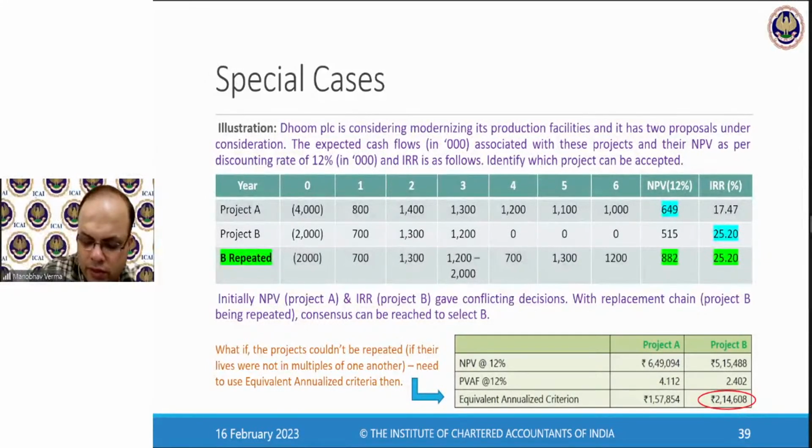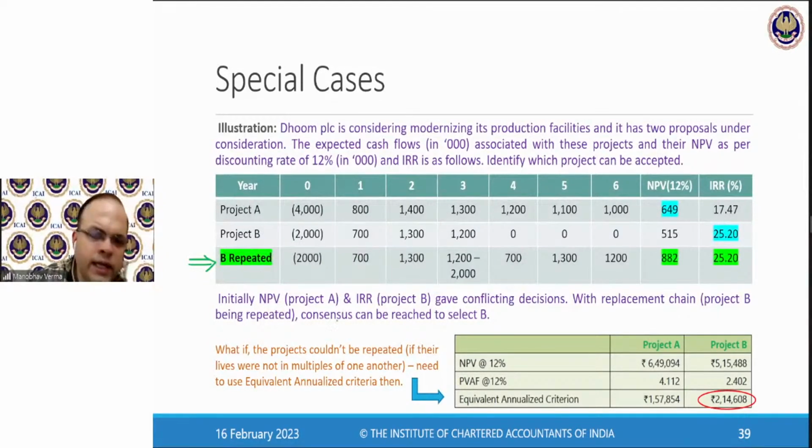Now, what we have done is we have taken another scenario: what if we repeat project B twice? I know you guys can challenge it by asking whether in practical life a similar project will be waiting for us after 3 years, right? But this is just for a decision point, right? When we are doing some estimations, we can see how it will be after the 3 years if there is a similar project. So we are repeating project B.